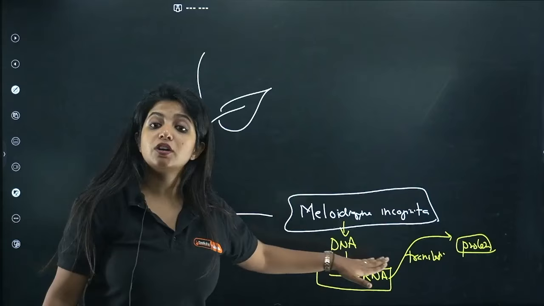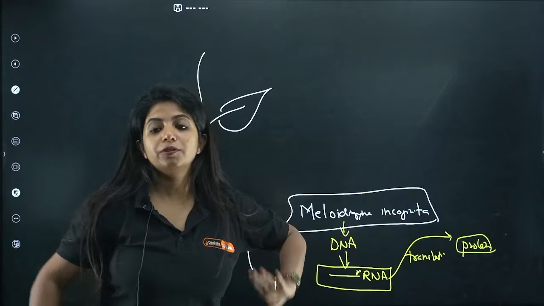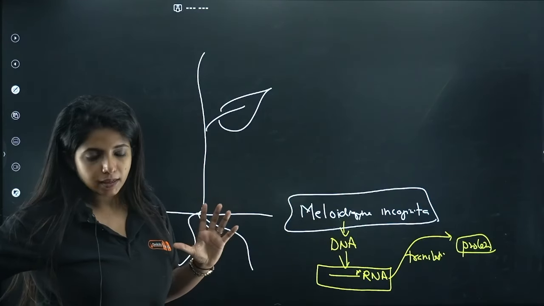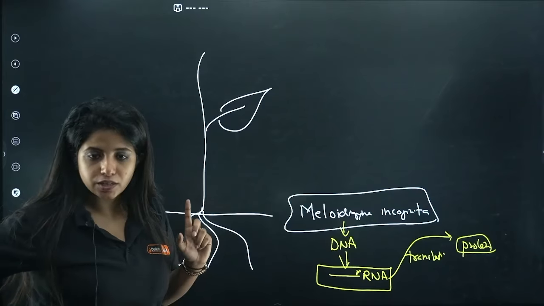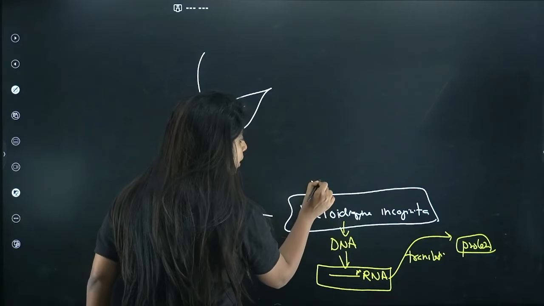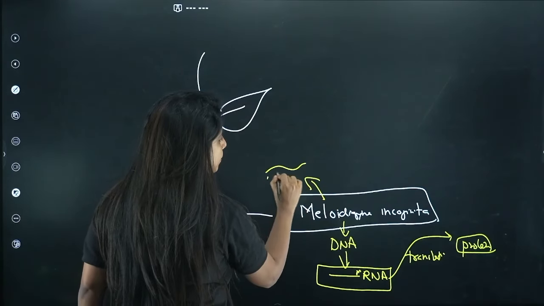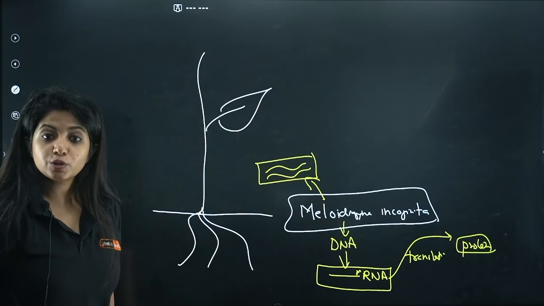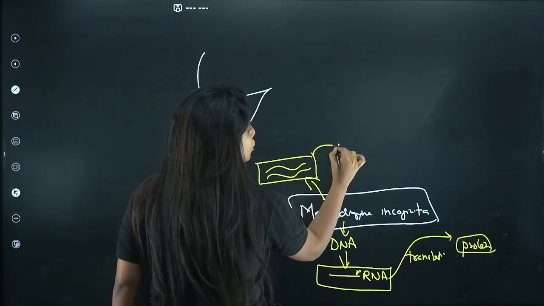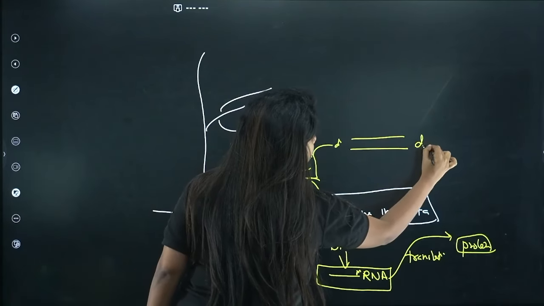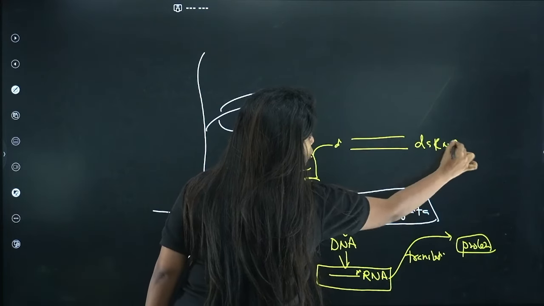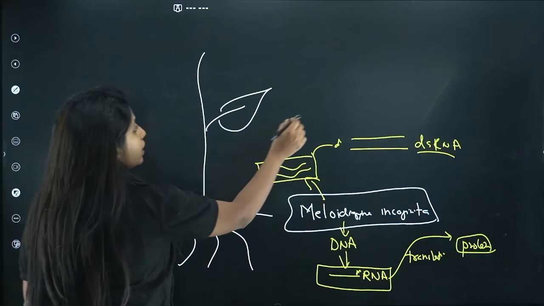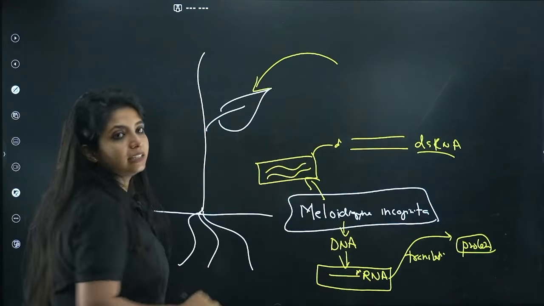If it is made double-stranded, it cannot undergo translation, it cannot form the proteins, it cannot cause any trouble. So that is what is being utilized. From Meloidogyne incognita, you take the genes responsible for producing double-stranded RNA. You take the genes coding for the production of RNA, and that gene is inserted inside the plant.